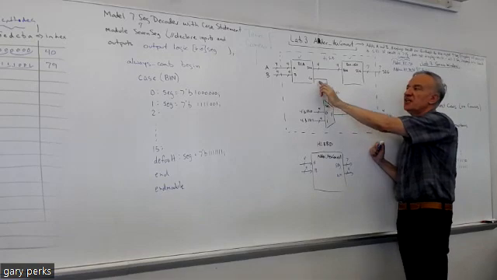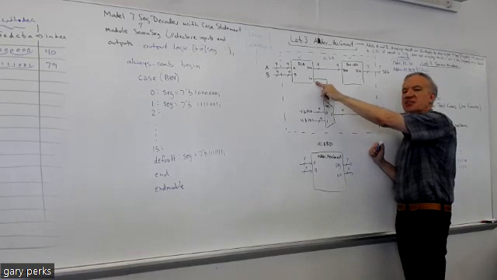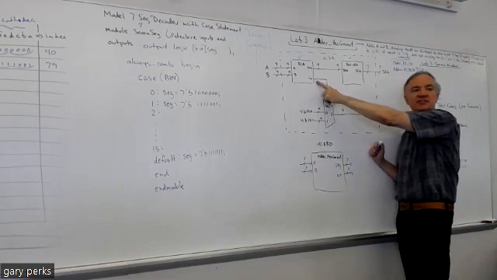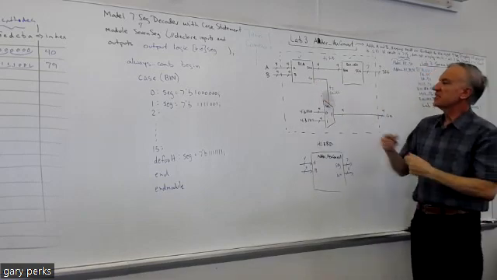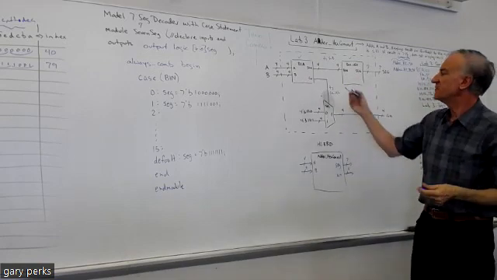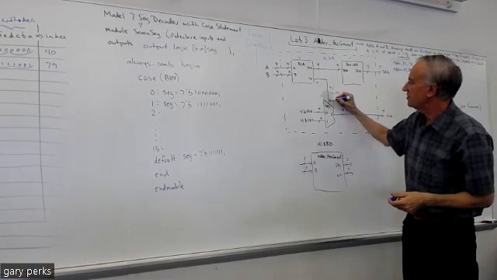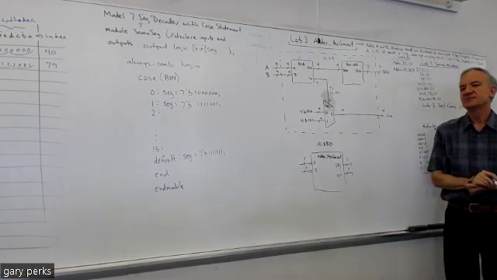We said earlier that if the result is 15 or less, this carry out is going to be 0, right? And if the result is greater than 15, this carry out is going to be 1. So let's say the result is 15 or less, and this carry out is a 0. That's going to put a 0 on the select.